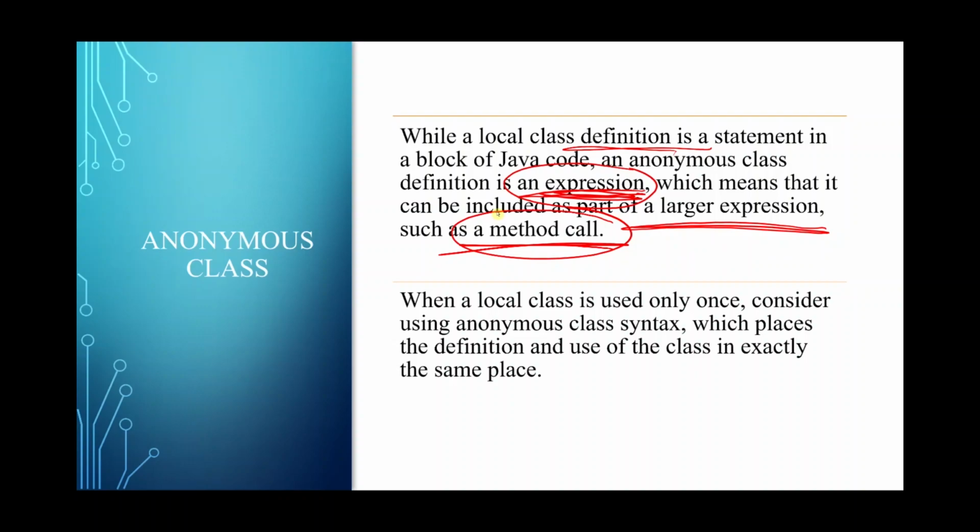So when a local class is used only once, consider using anonymous classes syntax, which places the definition and use of the class in exactly the same place. So instead of having a local class where you have to create the whole class with the name and with everything inside, you can just use anonymous classes syntax, and this places the definition and use of the class in exactly the same place.